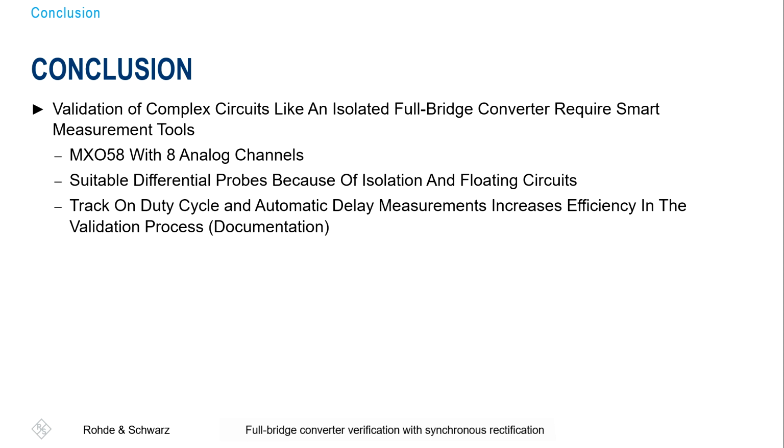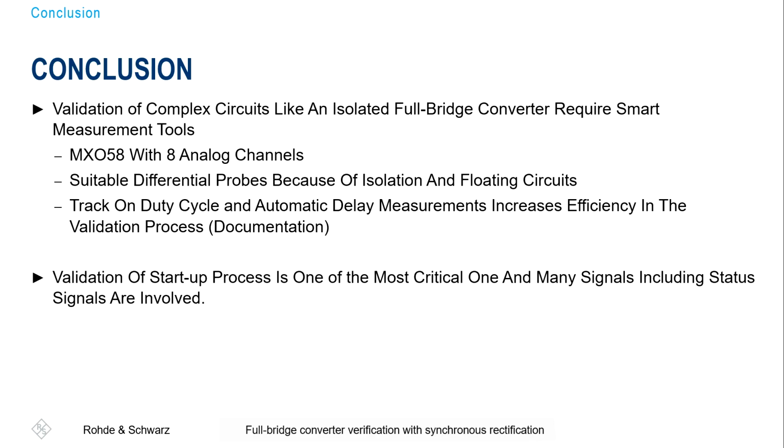Then in addition, you need to keep your focus on using the right differential probes, or just use differential probes, because the passive probes very often fail in isolated designs. And also because of the shunts.